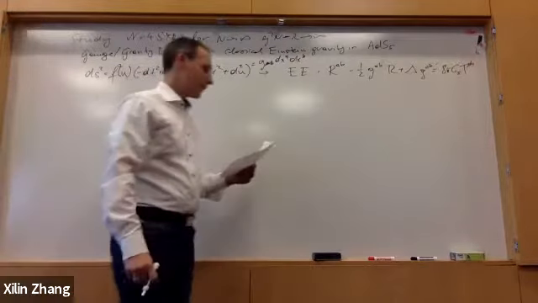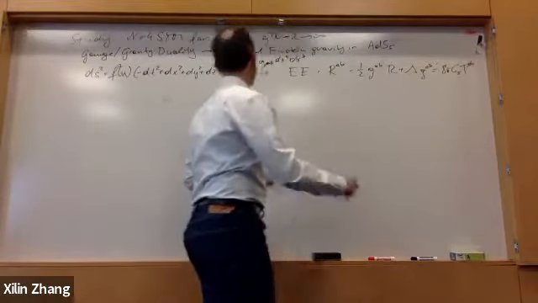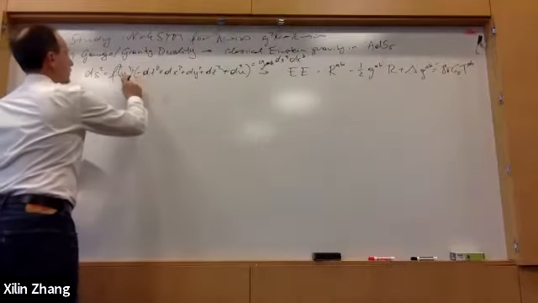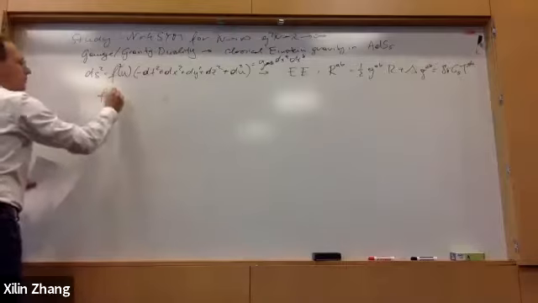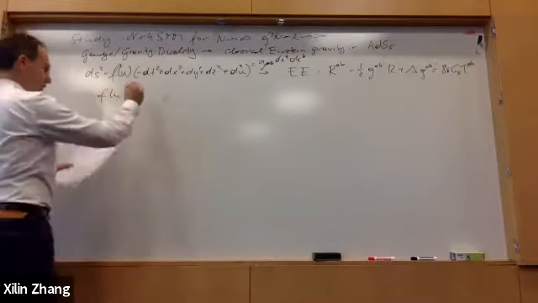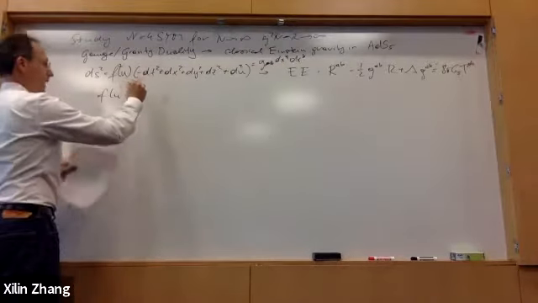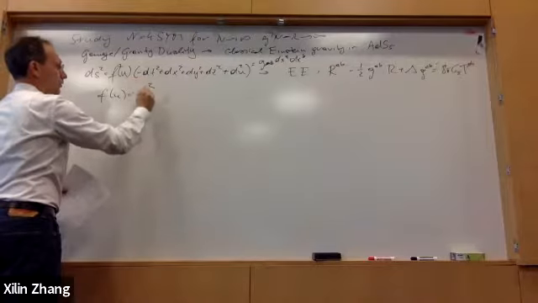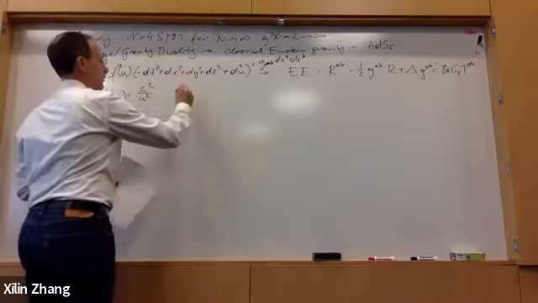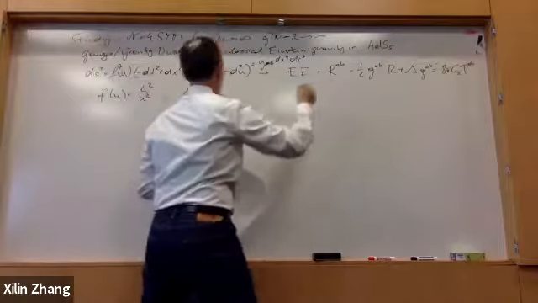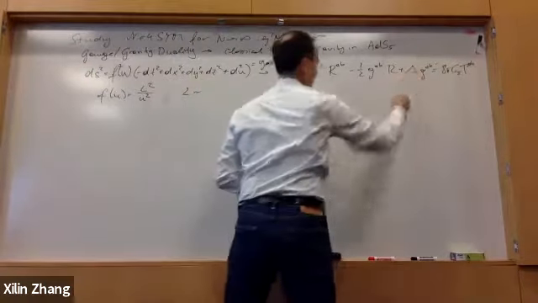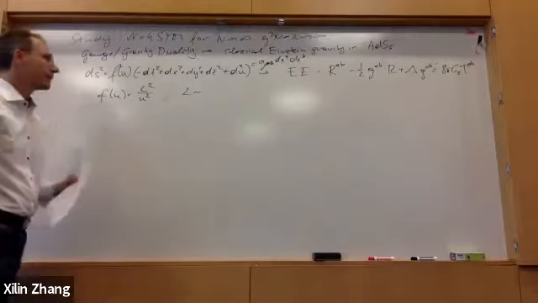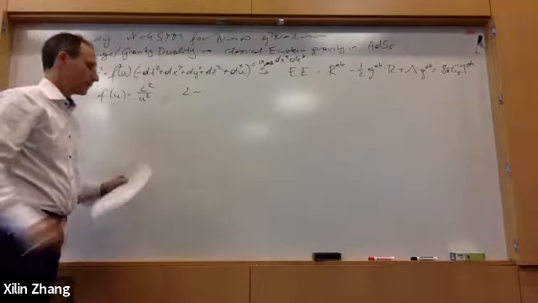Right, and basically we can plug this in here. Then you'll find that this f has to have the solution f of u is L squared over u squared, where L is given by the scale of this cosmological constant.